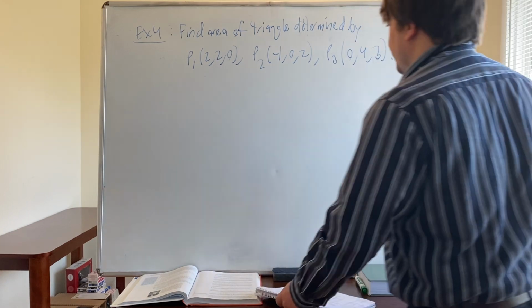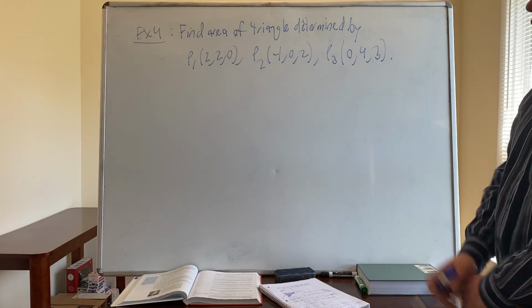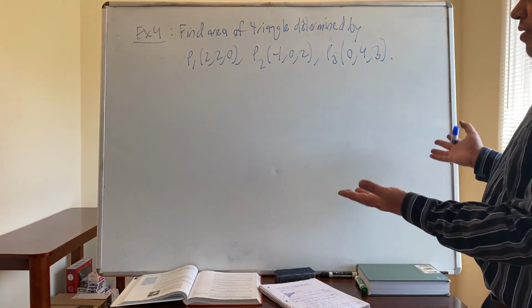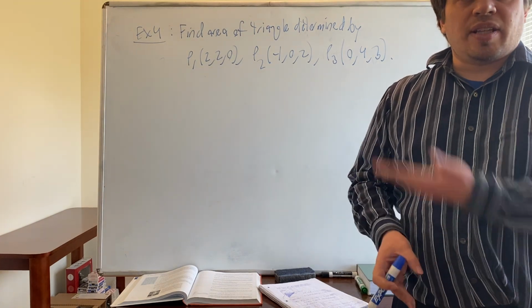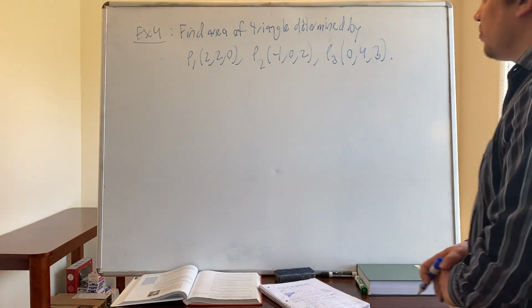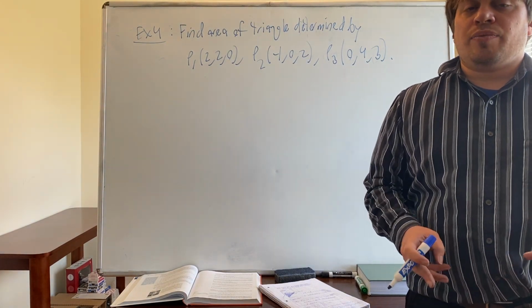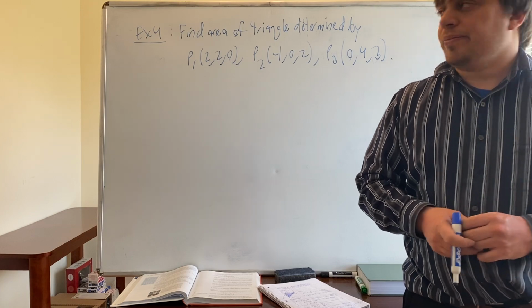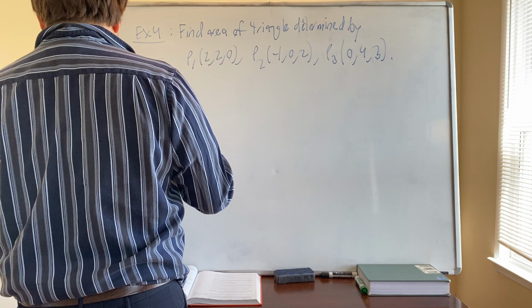So I want to find the area of a triangle determined by those 3 points. The triangle is just going to be half of a parallelogram. So when we find the area of a parallelogram using the last theorem, we'll just take half of it, and that'll be the area of this triangle. The goal will be to find the area of a parallelogram where this triangle is half the area of that parallelogram. And again, we'll just halve the area of the parallelogram.